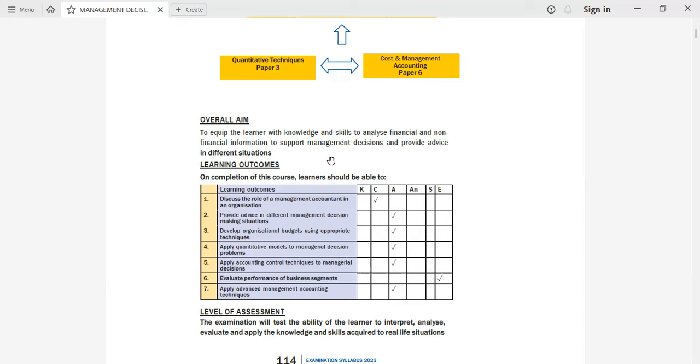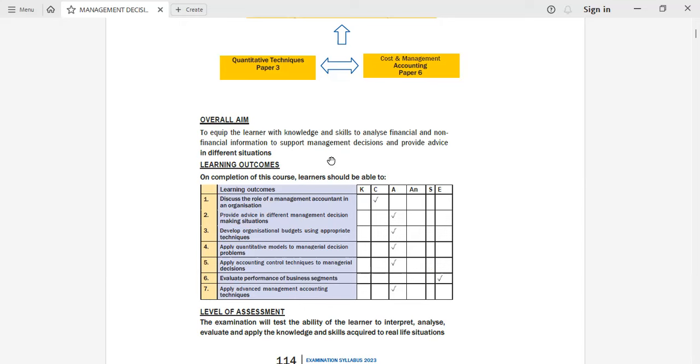So since we are going to be advisors, it means that we are responsible for making proper decisions, or for guiding other people so that they can make proper decisions.